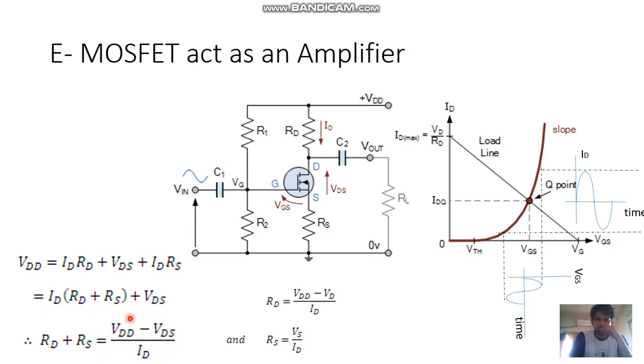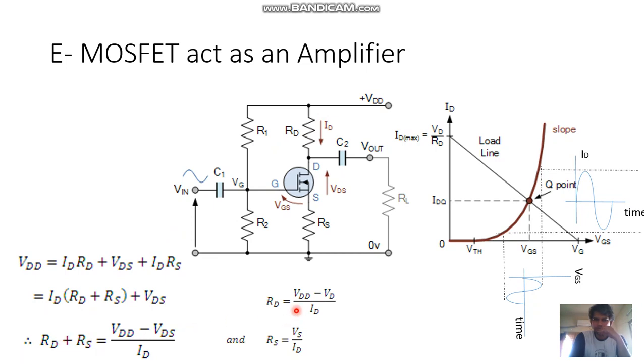VDD is the applied voltage, VDS is the voltage across drain and source. We can measure it by just connecting a voltmeter, and we can measure the ID current also by connecting an ammeter, so that we can get RD and RS values.